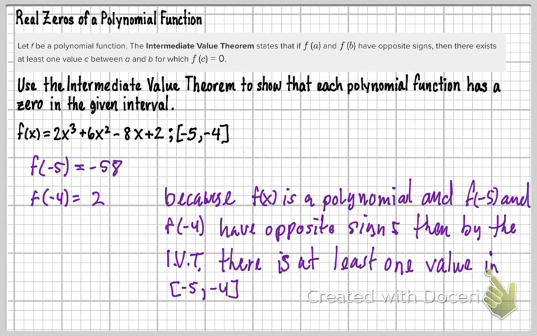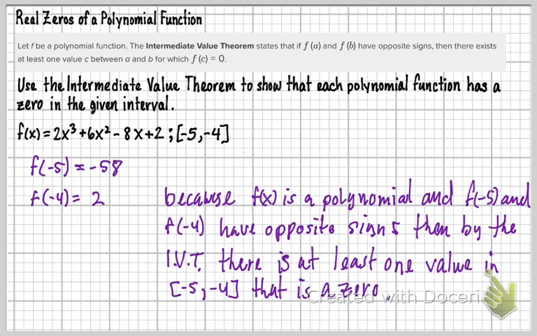That's the interval, -5, -4. So there's at least one value in -5, -4 that is a 0. So there's the answer for this one.